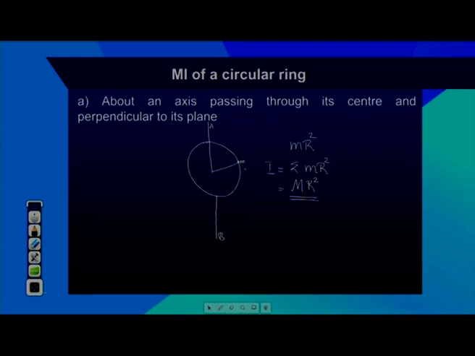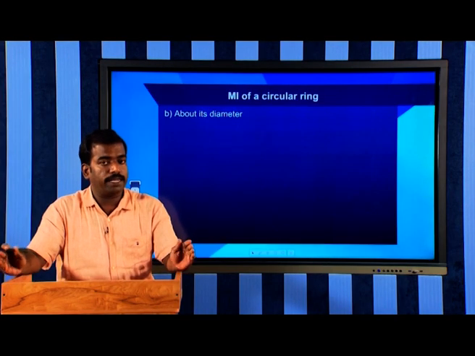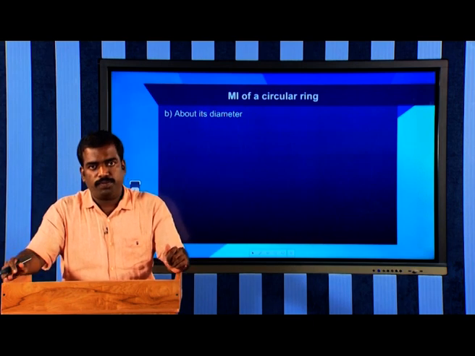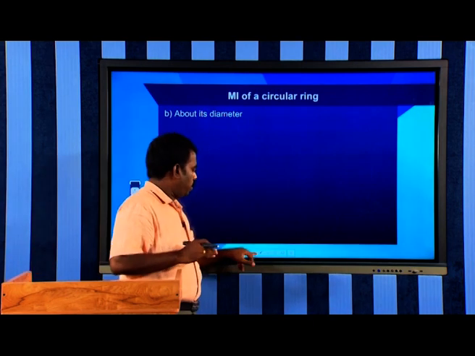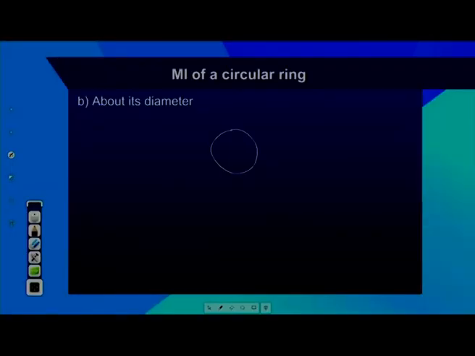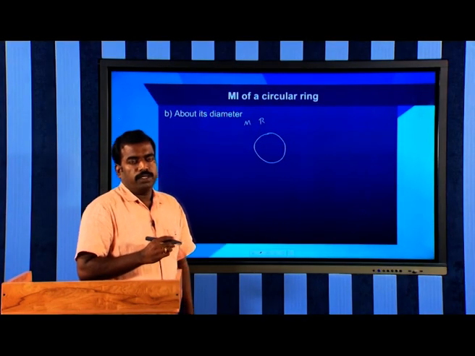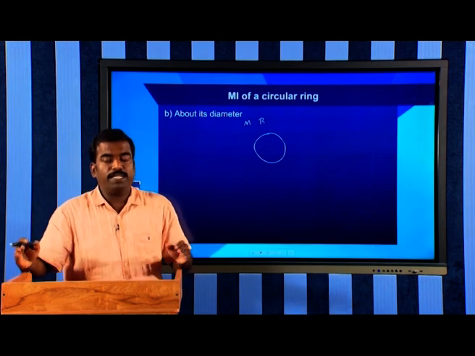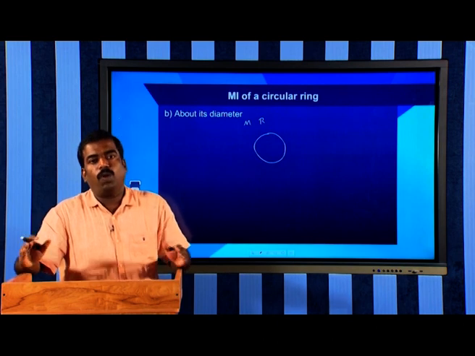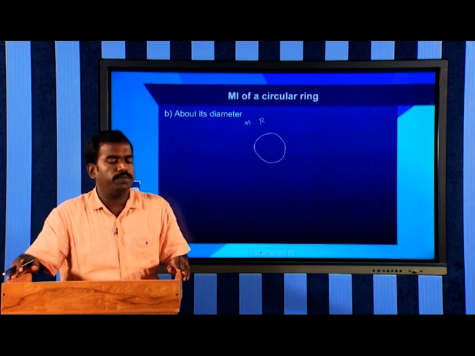Next, we will consider the moment of inertia of the same ring of mass capital M and radius capital R about the diameter. Since the ring is symmetrical about all the diameters, the moment of inertia about all the diameters is equal.